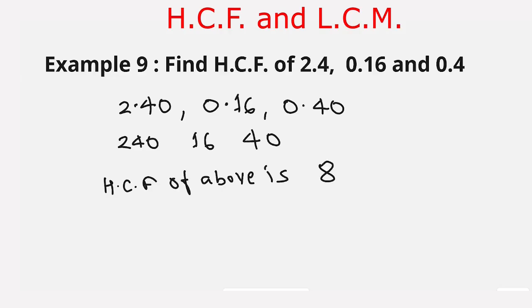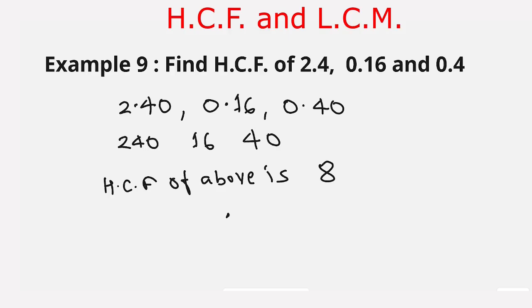This is the HCF of 240, 16 and 40 and not the HCF of 2.40, 0.16 and 0.40. So what we have to do? We have to put the decimal in such a way so that the digits after the decimal are 2, as in 2.40 there are 2 digits after the decimal. In 0.16 also it is 2 digits after the decimal, and in 0.40 there are 2 digits after the decimal. So what we do?